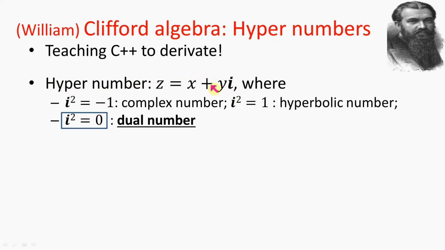What is a hypernumber? A hypernumber is like a complex number. In fact, the complex number is one of the members of hypernumbers. We have two real values, x and y, and a symbol i. With these x plus yi numbers, we can do the normal operations that we otherwise do for normal complex numbers, and the properties are also inherited.